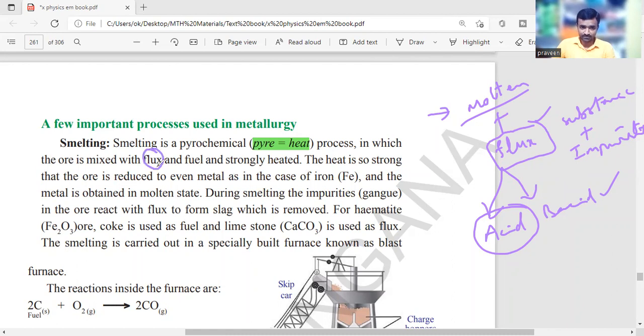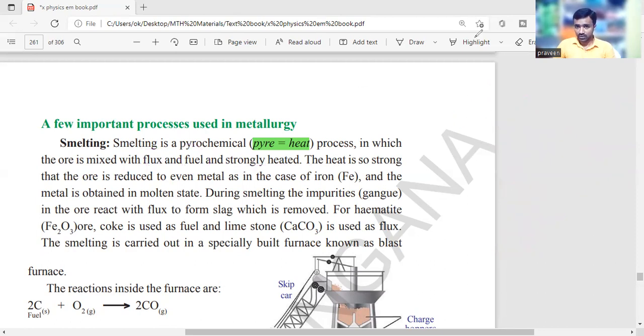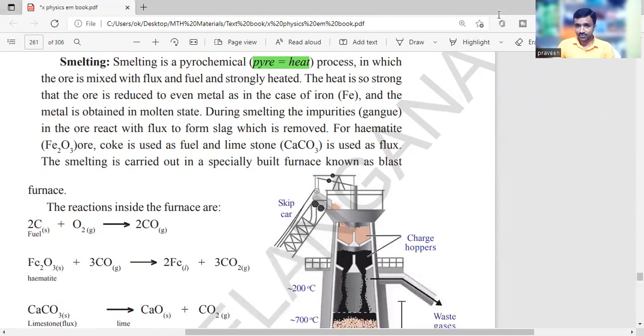So flux is used, and we also use fuel to get heated strongly, right? For example, to obtain iron, during smelting the ore is hematite, which is iron oxide.